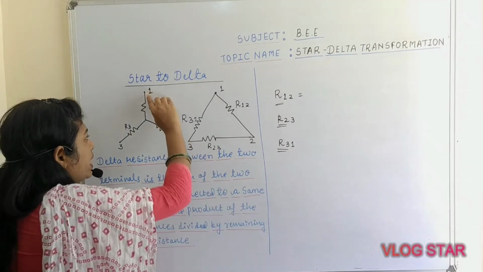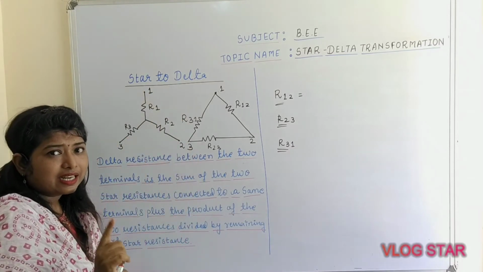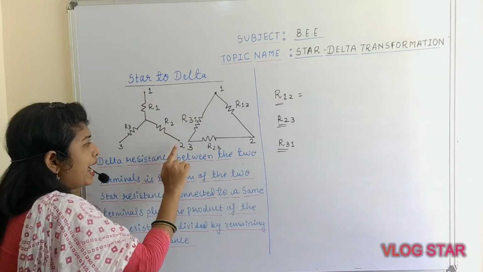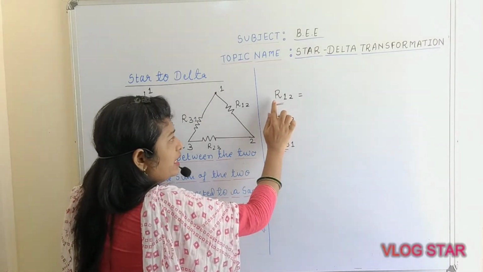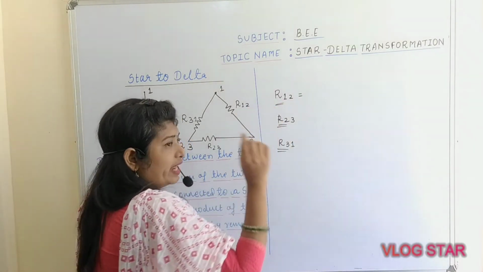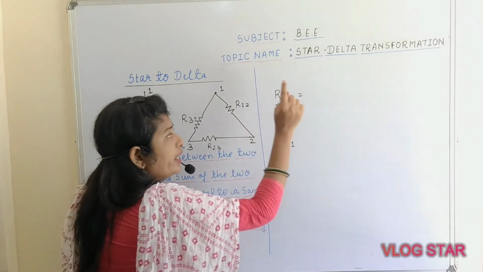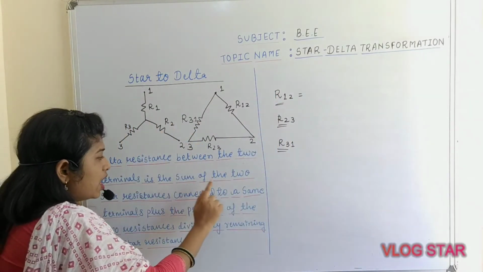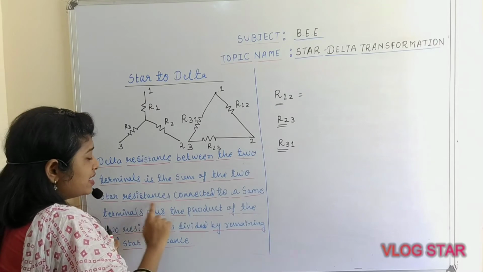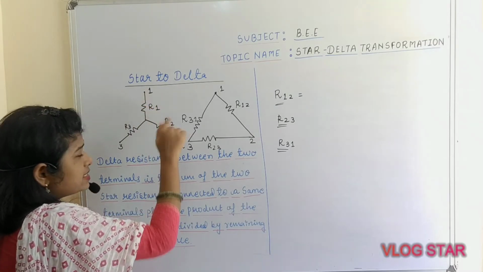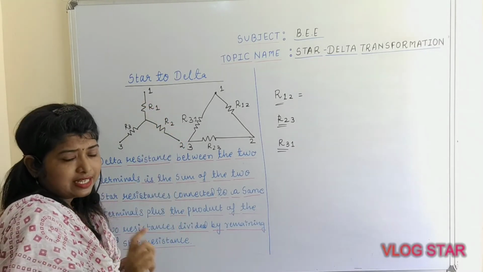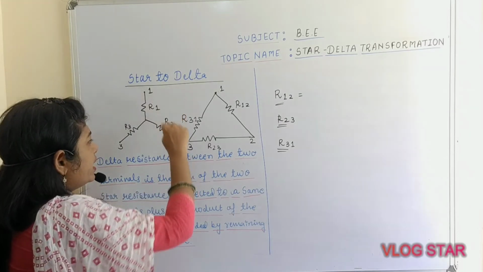So between 1 and 2, how many resistances are connected? R1 and R2. So what is basically R1,2? The delta resistance between two terminals, that is R1,2, is equal to the sum of two star resistances. How many star resistances are there? Two. Which are they? R1 and R2.